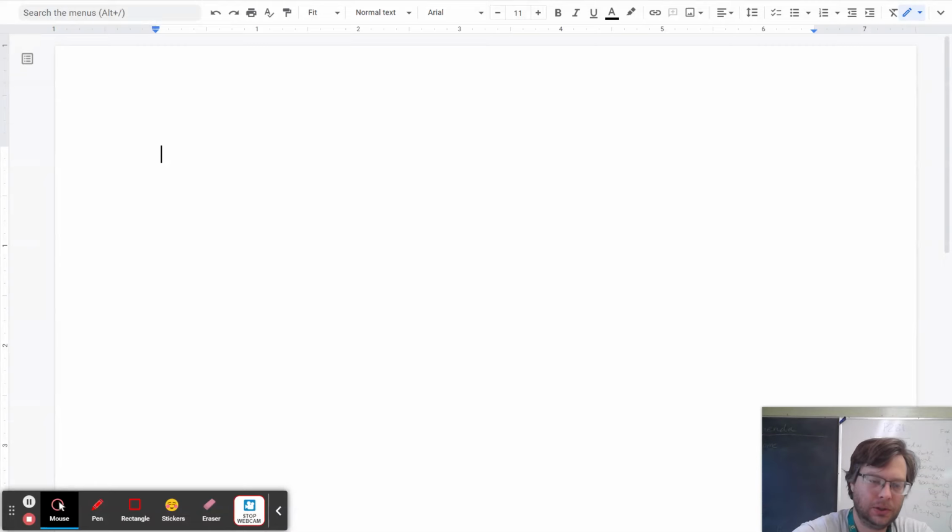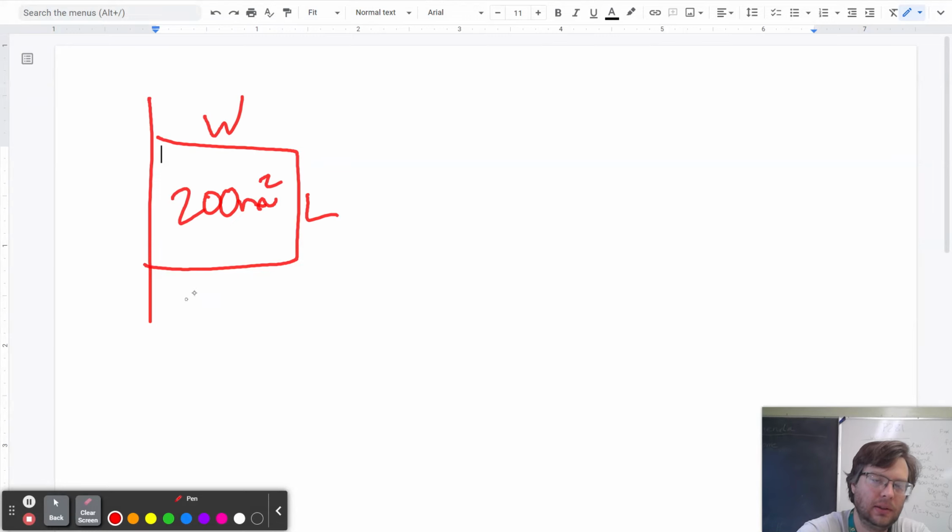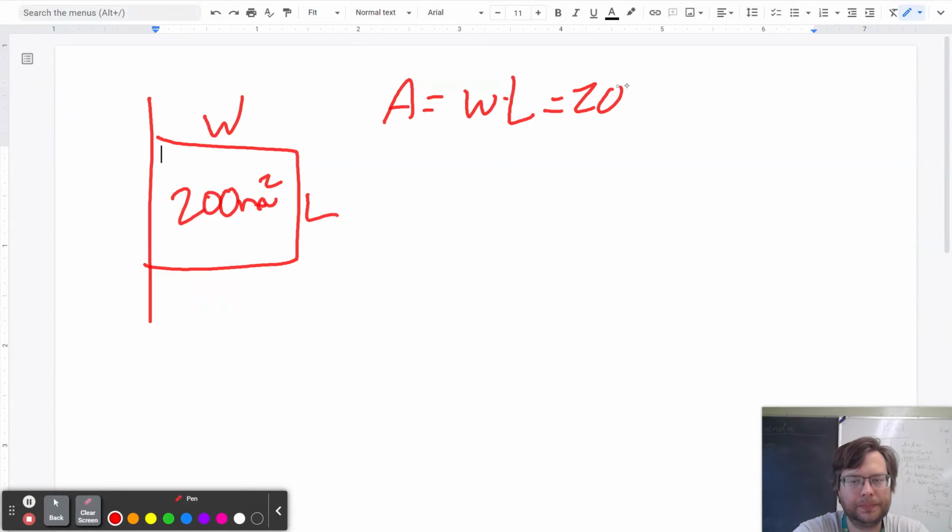So I'll do the classic one where you're building a field, and on one side of it you don't need to build the fence, and you want your area to be 200 square meters. Let's call this the width and the length. The area of my field is width times length, and that's going to equal 200.